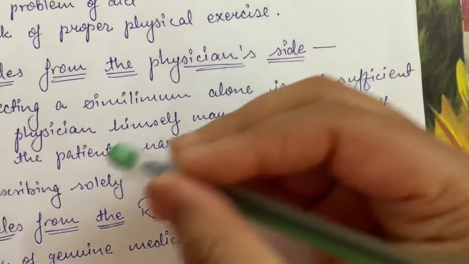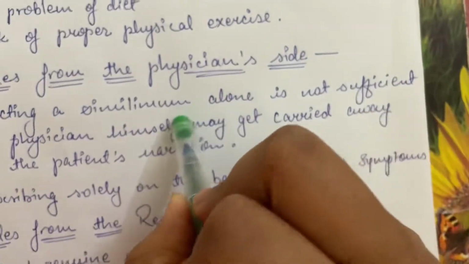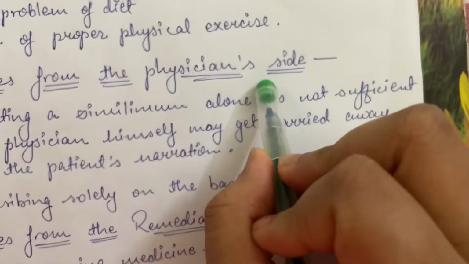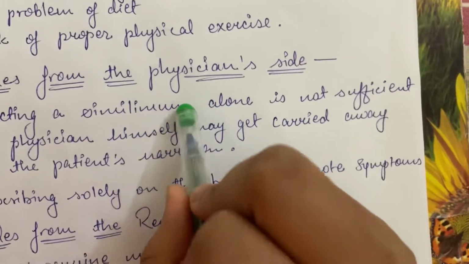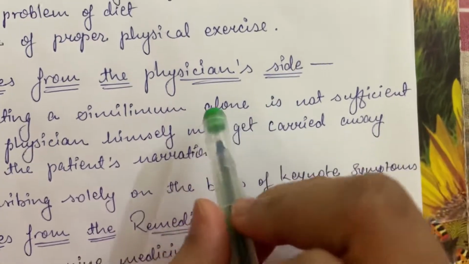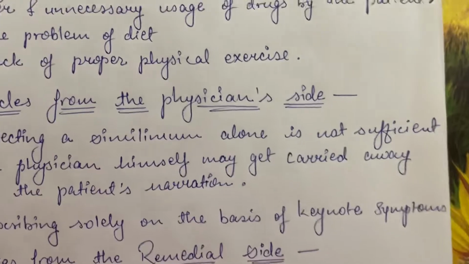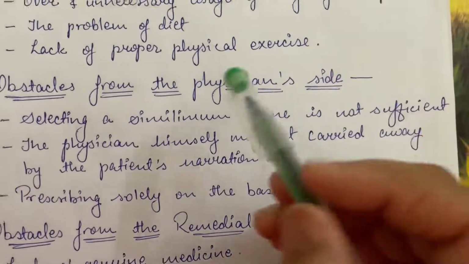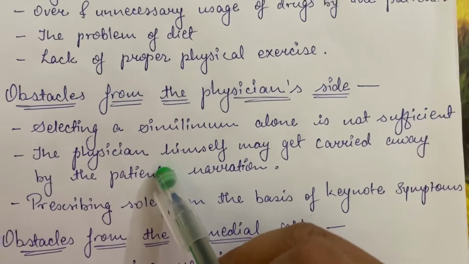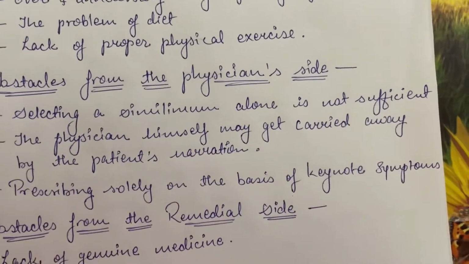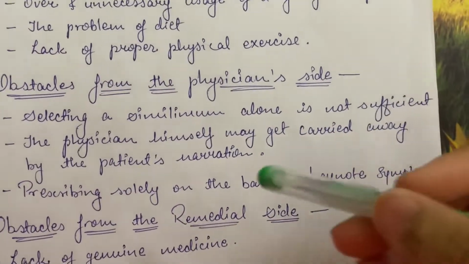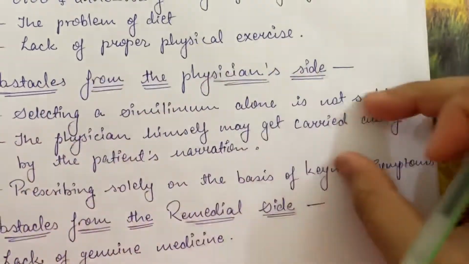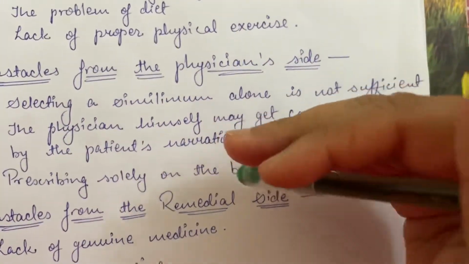Whatever the patient is telling you, we tend to put it in rubric form, but that is the mistake, the biggest mistake of the physician. We should not make that mistake ever again. So don't put the rubric into a sentence while the patient is narrating the symptom.